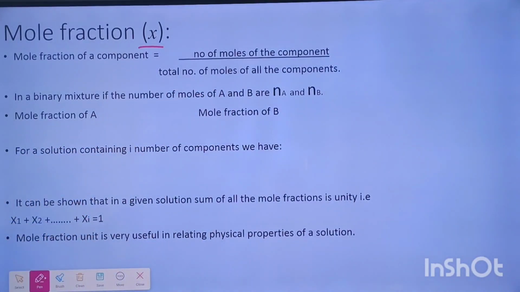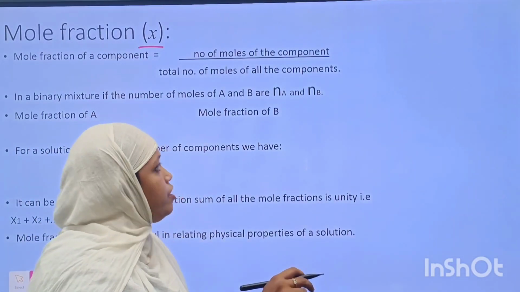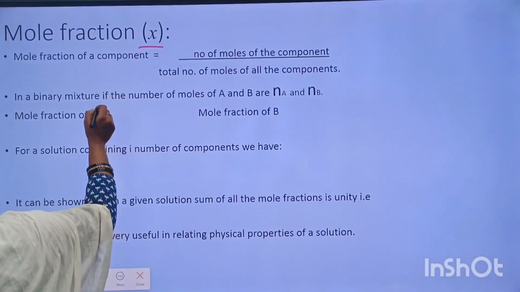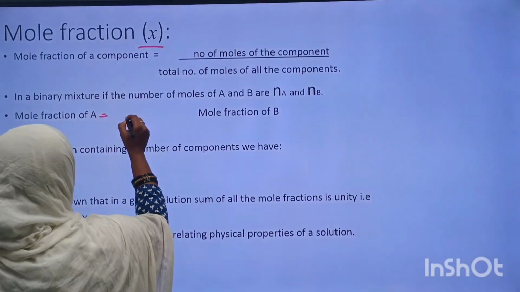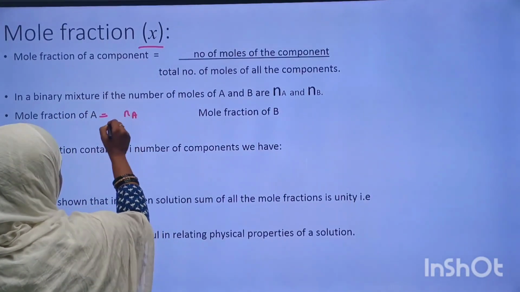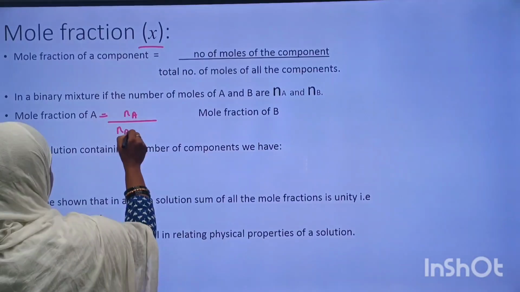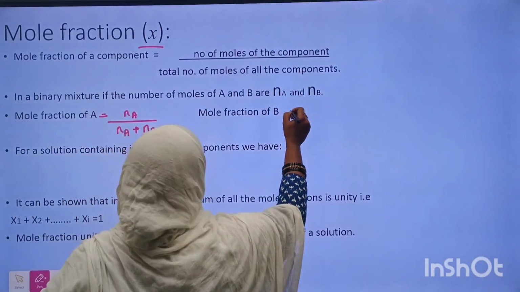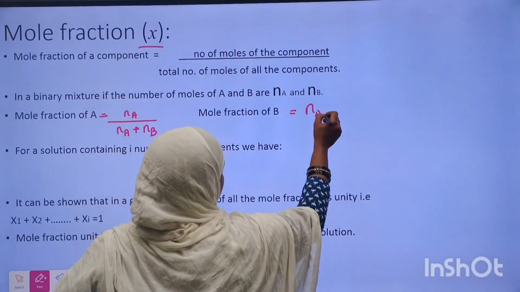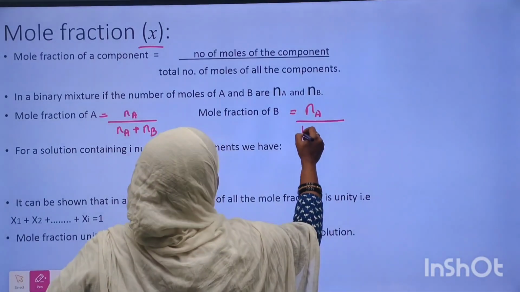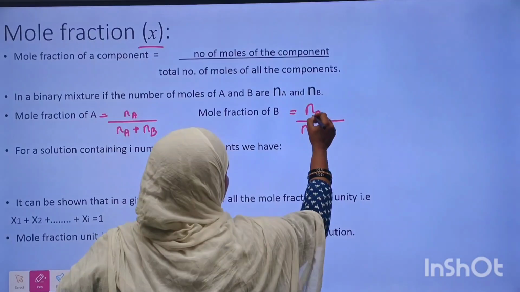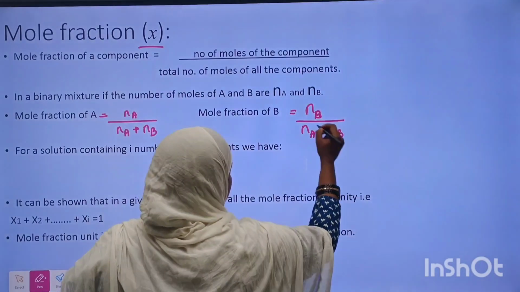If we come to a binary mixture with component A plus component B present, the mole fraction of A is Na upon Na plus Nb, and the mole fraction of B will be Nb upon Na plus Nb.